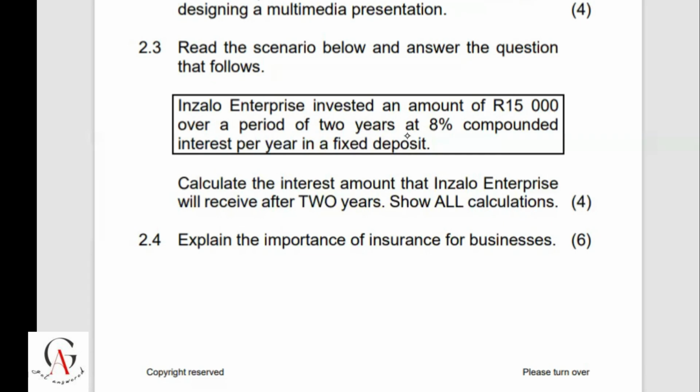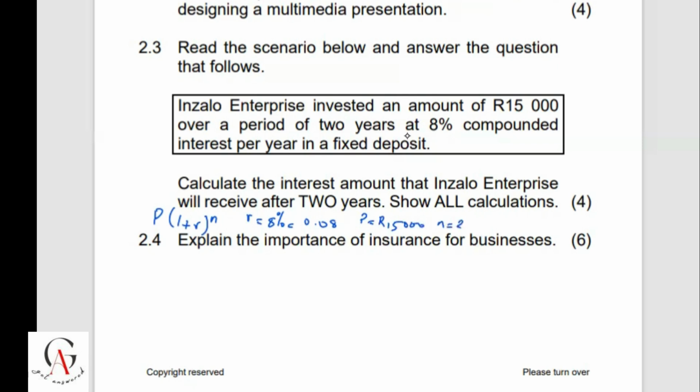Here we are going to use the formula where we have P multiplied by 1 plus R, raised to power N. In this regard, we have R, which is 80%, and 8% is equivalent to 0.08. Our P is going to be 15,000. Then our N is going to be 2.